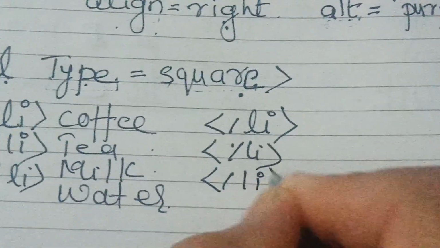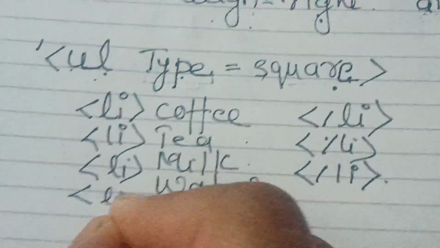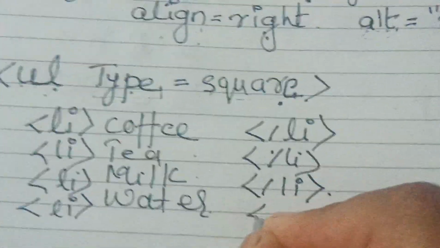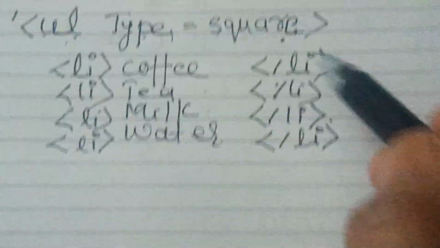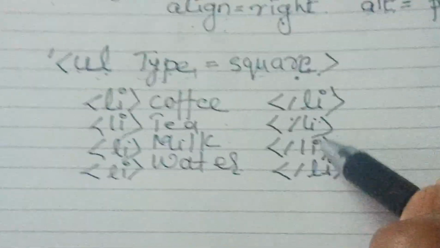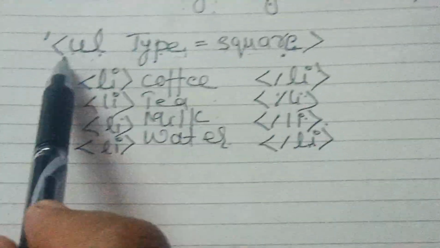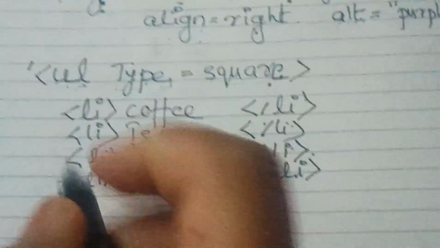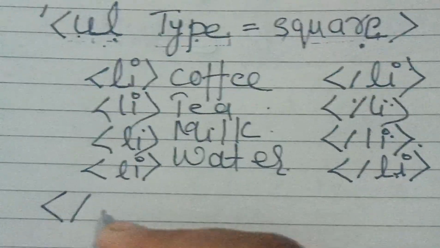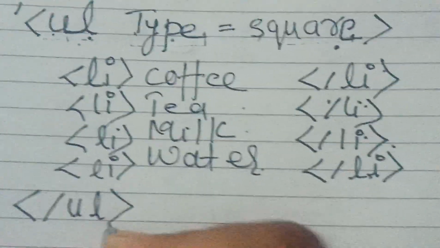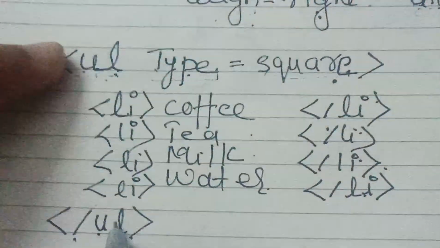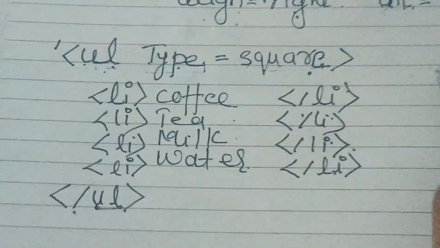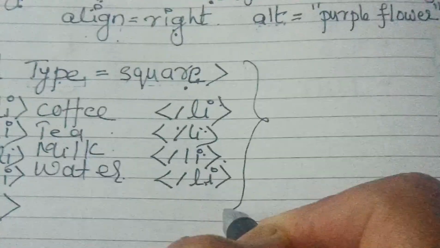So each list item should be included between li, where li stands for list item. After writing this list item, you also have to close the ul tag, which is done like this. We know that to close a tag we have to use backslash and the name of the tag. So this will help me to form an unordered list.